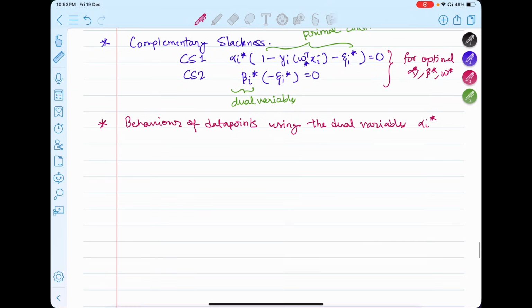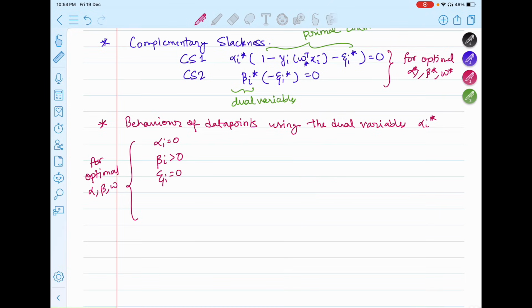What happens if alpha is 0? If alpha is 0, then beta i has to be strictly positive. And that immediately says that zeta i has to be 0. Again, I'm not writing the star every time, but this is for optimal alphas, betas, and Ws.